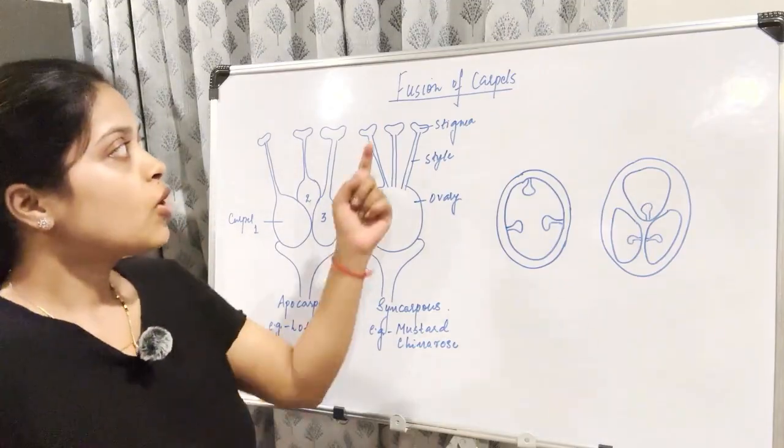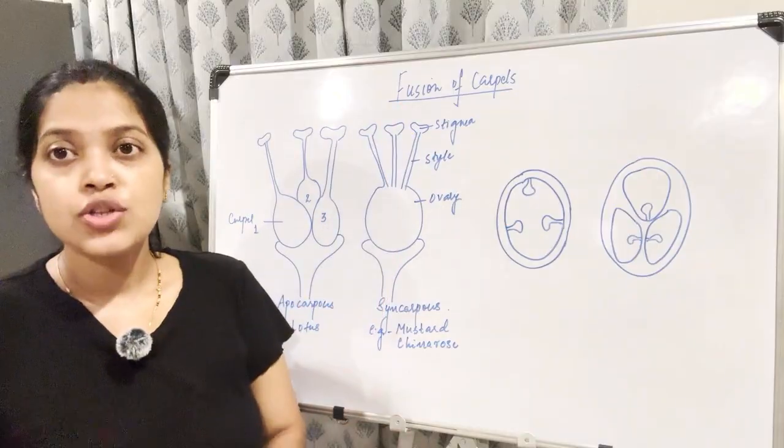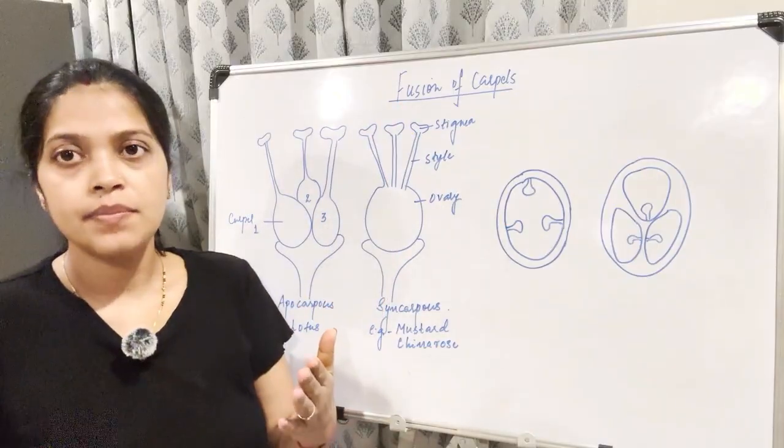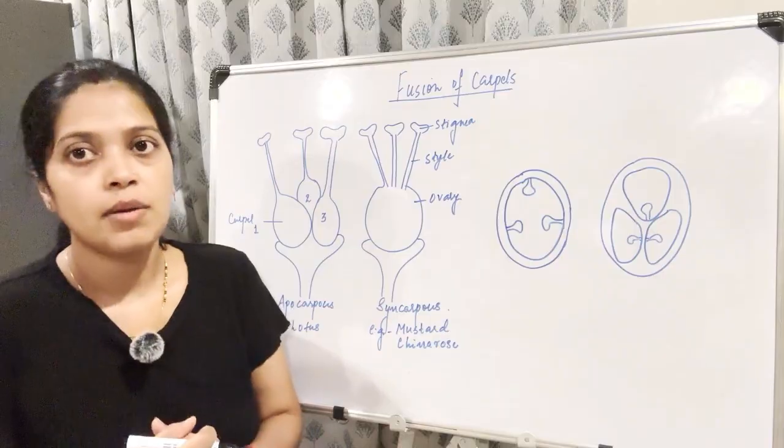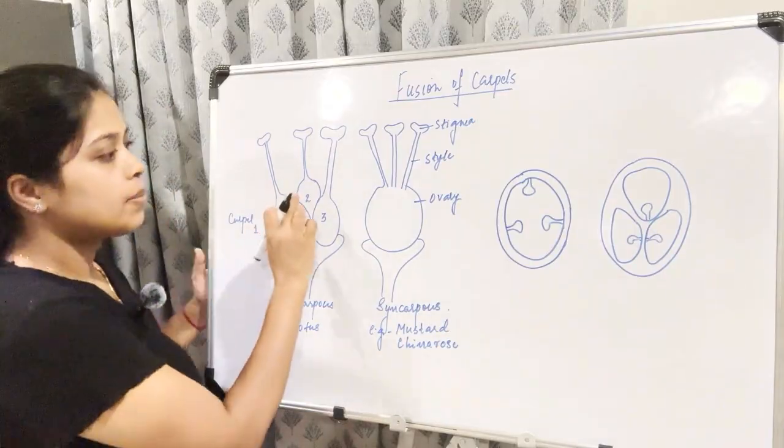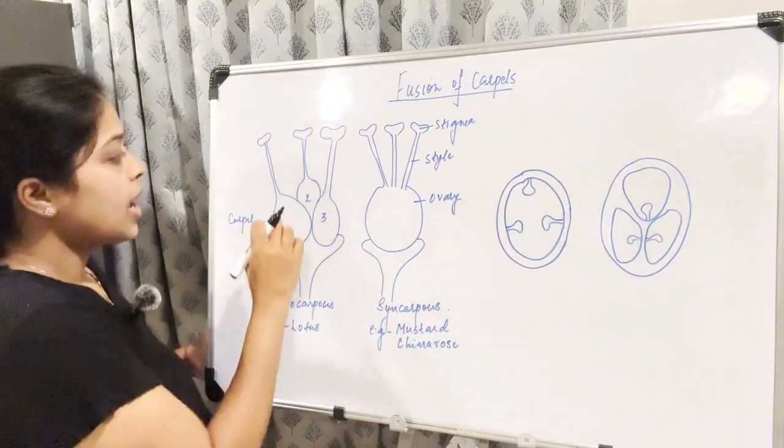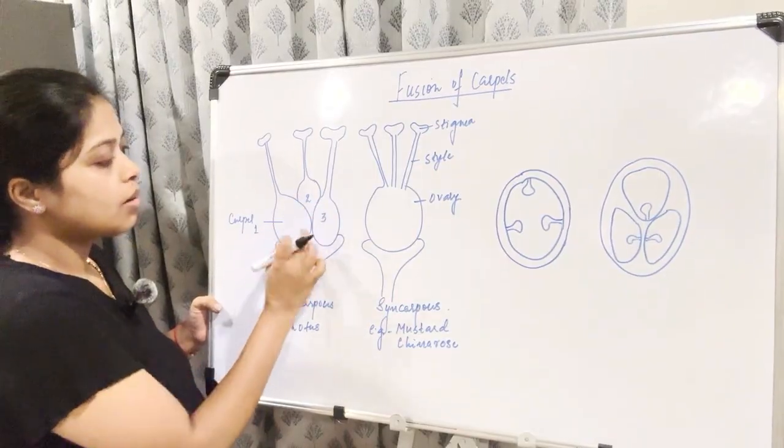So now we'll talk about the fusion of carpels. So if there are more than one carpel, they are called as multicarpellary. So if there are two carpel, there is two possibility.